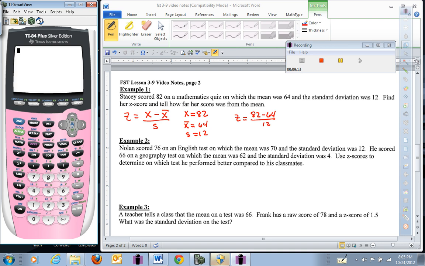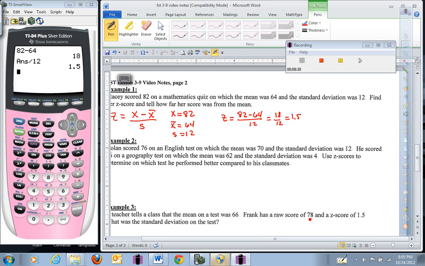Okay, let's see what that would be. 82 minus 64 is 18. 18 over 12 gives us 1.5. Okay, so what does that mean?